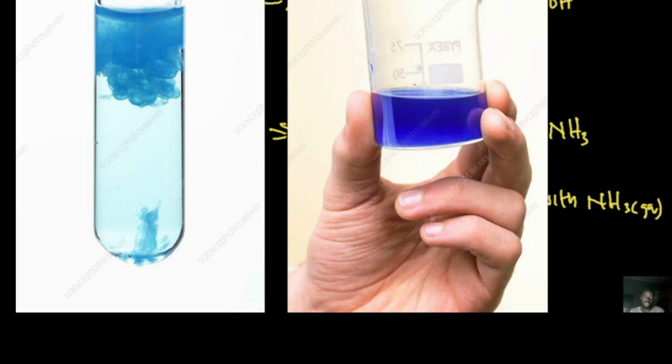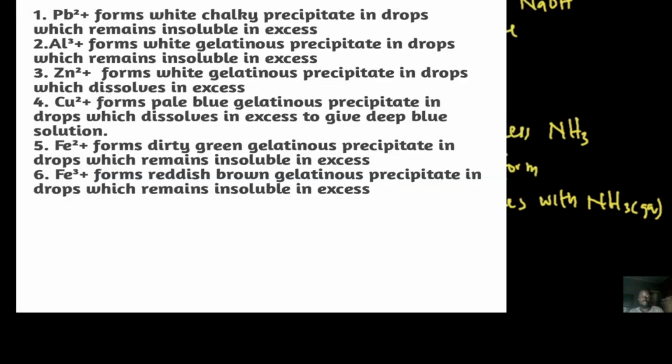So that is the light blue on the left and the deep blue solution on the right. So have that in mind. So we go to the next one. Iron 2, iron 3 will just be the same thing as sodium hydroxide, which means iron 2 will form dirty green gelatinous precipitate, which remains insoluble. Iron 3 will also form reddish brown gelatinous precipitate, which remains insoluble in excess. So these things are our tests for our cations.